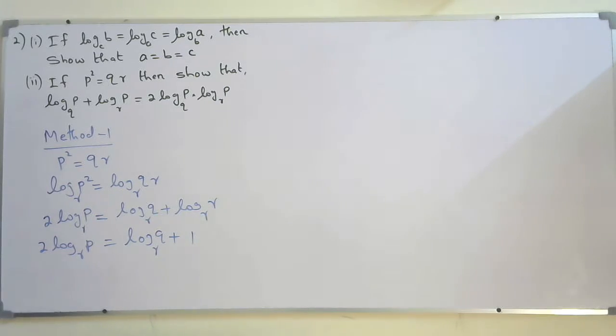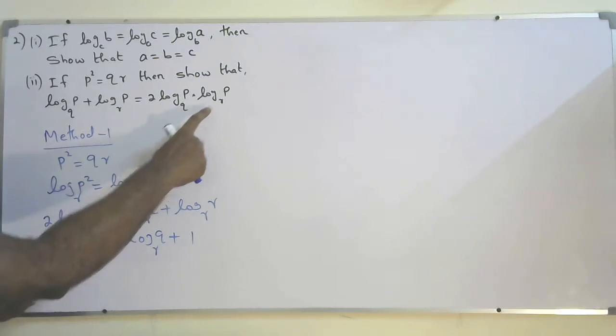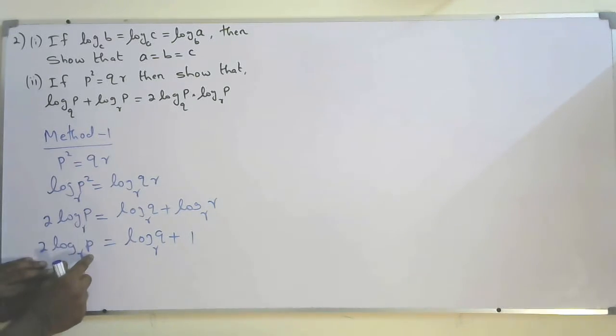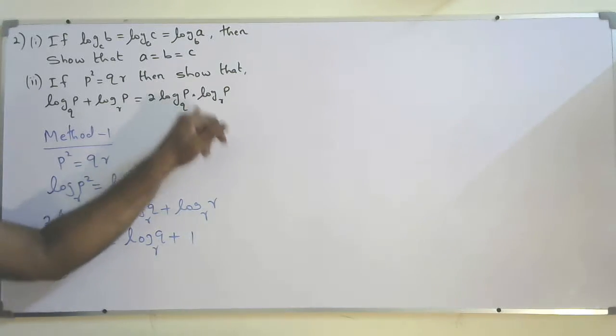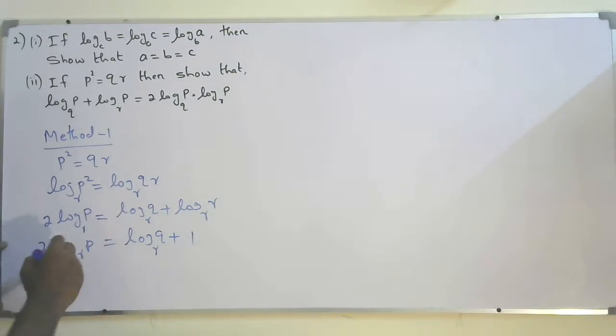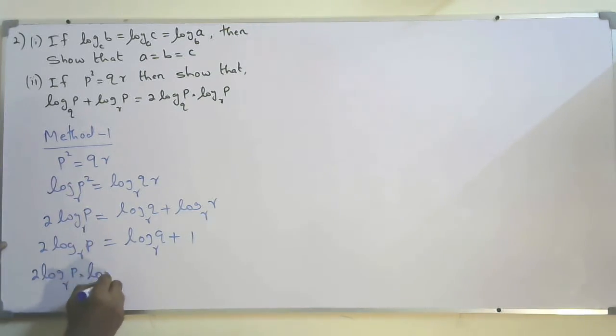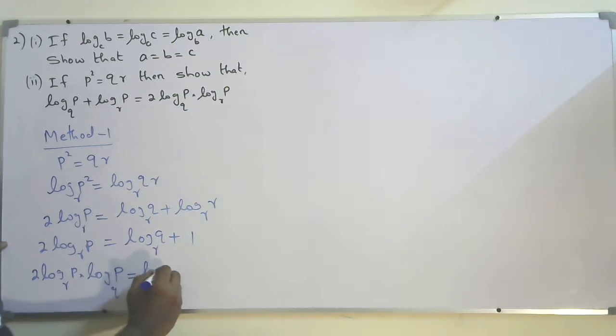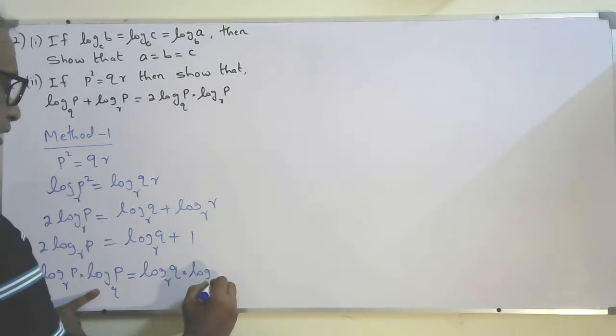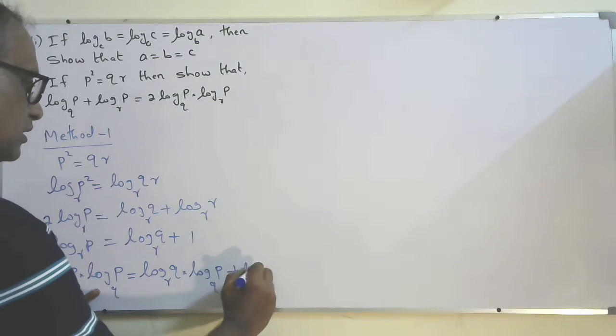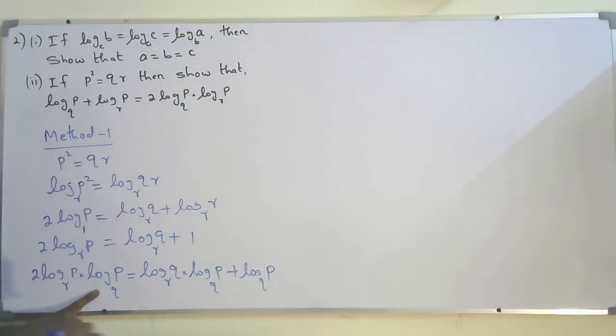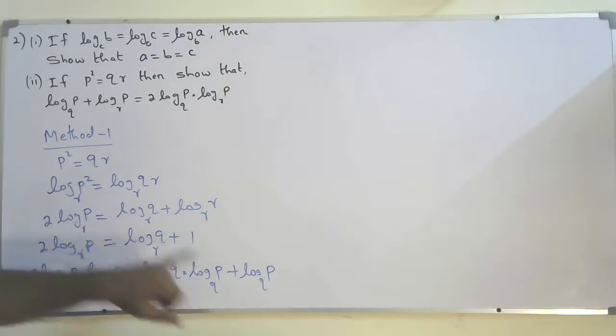Okay, so now I can do like this. This one to continue, I can write. So here you can see log R of P is there, but log Q of P is not here. So multiply the whole equation by using log Q of P. So that's going to be 2 log R of P times log Q of P will be equal to log R of Q times log Q of P plus log Q of P. Right, log Q of P is here, log Q of P is there.